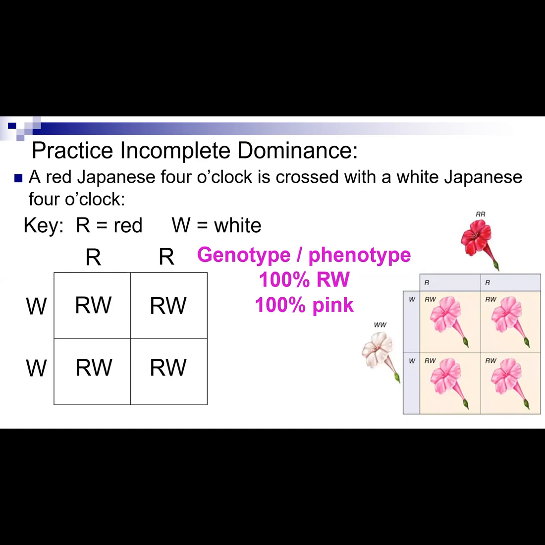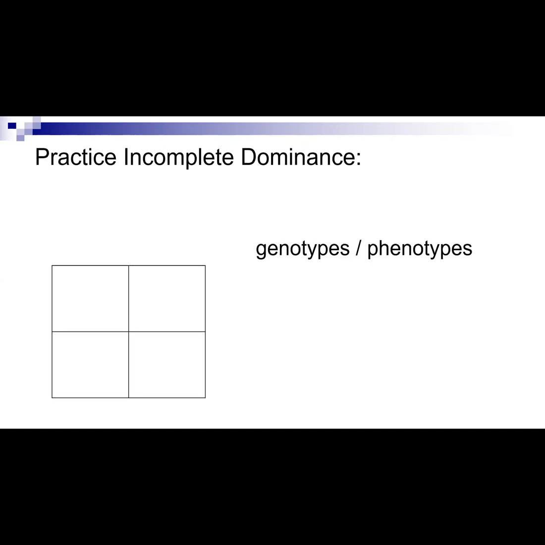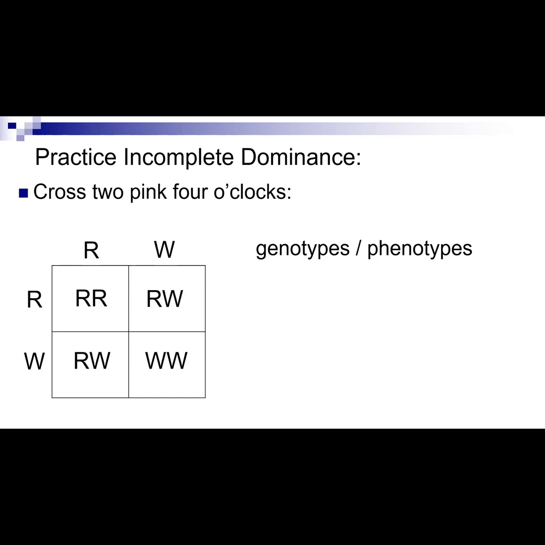This is going to be a little bit different from codominance, and this is just another practice problem. Incomplete dominance, again, we're using an R and a W to show red versus white. Now, if we want to cross pink flowers, a pink parent has RW, and a pink parent has RW. And then when you get those offspring combinations, now you see the original red genotype coming back and the original white genotype and phenotype coming back.